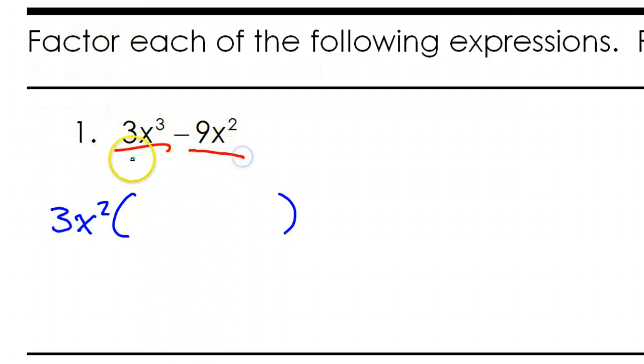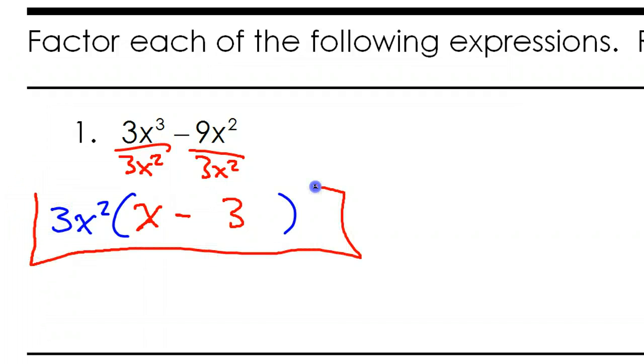Remember that really I am dividing by my GCF, so I'm dividing by 3x squared. So the 3's cancel, and that's going to leave x minus 9 divided by 3 is 3, and the x squares cancel out. And that's it. So this would be the answer to number 1 right here. Can't go any further than that.